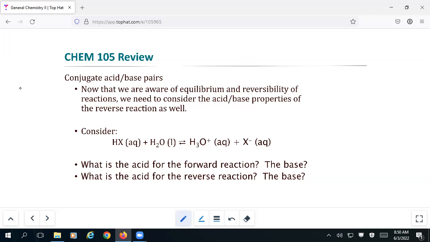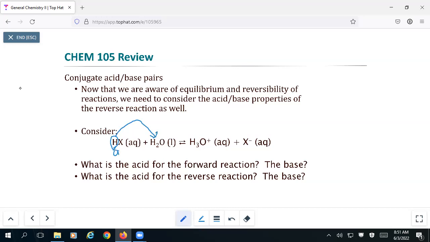What we can also recognize is that by pairing up these acids and bases, we always focused on the forward direction in Chem 105 because we really didn't talk at all about reversibility. But now we can. And so if I look at a reaction like this, I see, okay, in the forward direction, this hydrogen is going over here.